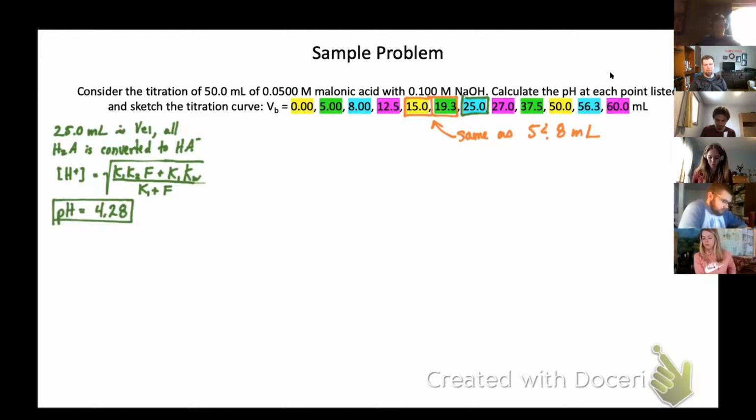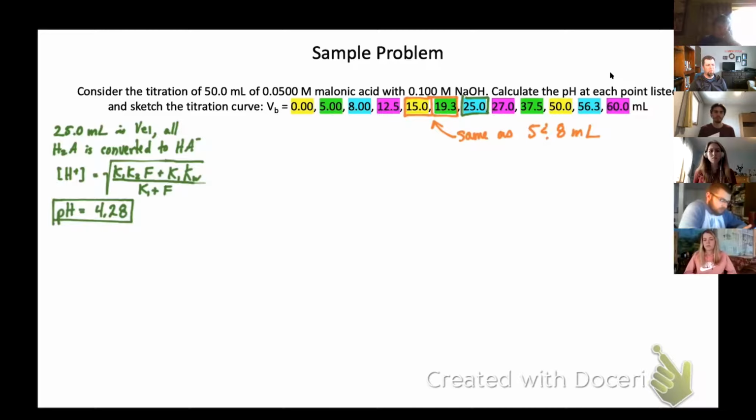Was that Fisher that was talking there? Oh, no, that was Ethan. No, that was me. Sorry, I was trying to figure out from voice. I had not been watching close enough on the screen. So what Ethan was describing is the equation I have written here, the H plus ion concentration.